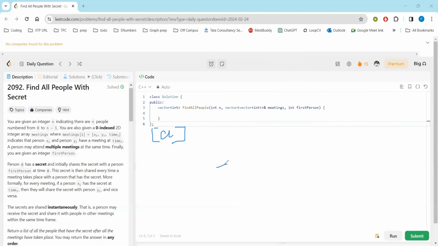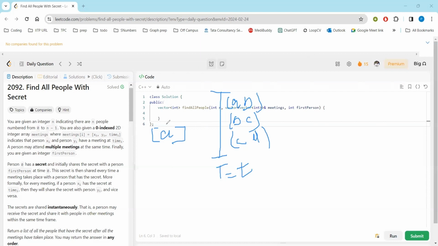Now, at time frame T, there are several meeting schedules between people. Let's suppose there is a meeting between A and B, a meeting between B and C, a meeting between C and D, like this.